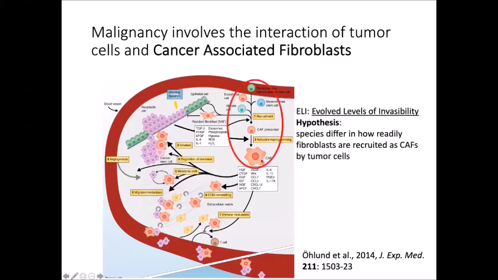So the idea, which we call evolved levels of invasibility, is the hypothesis that maybe species differ in their readiness with which they can get influenced by the tumor to help the tumor in its nefarious pursuits. So this is our hypothesis that we will start testing.